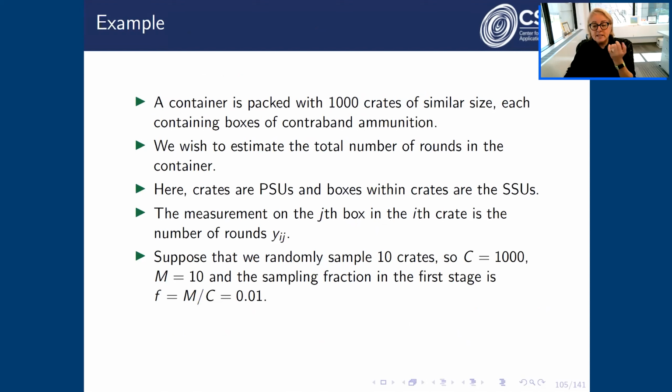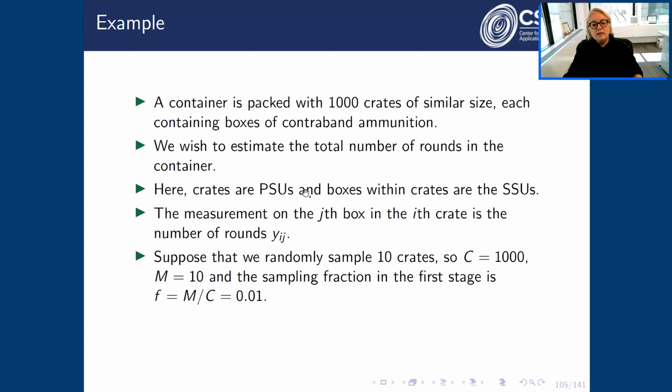So here's an example. Let's suppose I have a container and there are 1,000 crates of similar size, and each one contains boxes. And in each box, I know there's contraband ammunition. What I want to do is estimate the total number of rounds in this container.